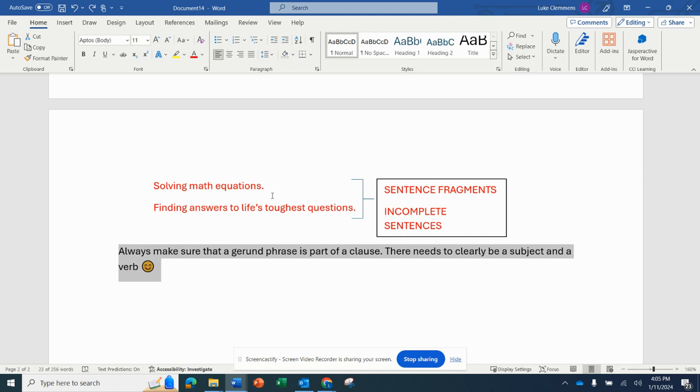Are we talking about it as an action or as a thing? We don't know. Same thing with finding answers to life's toughest questions, period. How are we using that? Is it a subject? Is it a verb? We don't know. It's a sentence fragment. It's not grammatically correct. So this is something to watch out for. When you are doing your own writing assignments, check to make sure that you don't have any of these gerund phrases isolated on their own as a sentence fragment.